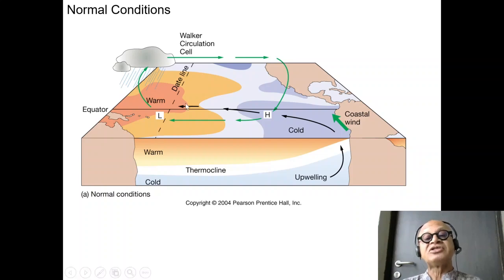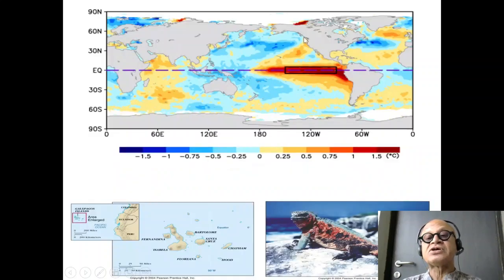Where does the name El Nino itself come from? It turns out that these warm waters here appear around December, January, February, around Christmas time. The Spaniards who colonized these places thought this was warm water replacing the cold water during Christmas, and it was a gift from God. The Christ child, they called it, El Nino in Spanish.